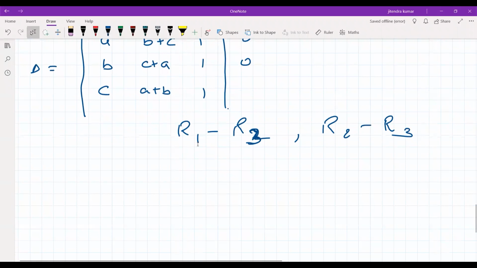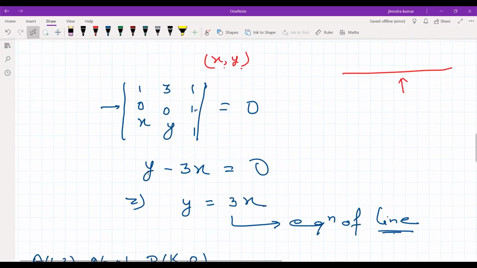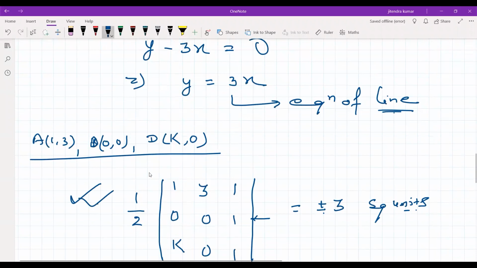Then the third part is find the value of k if the area of a triangle is 4 square unit. So it is a very similar question to the one we have just discussed in the example here, this one.